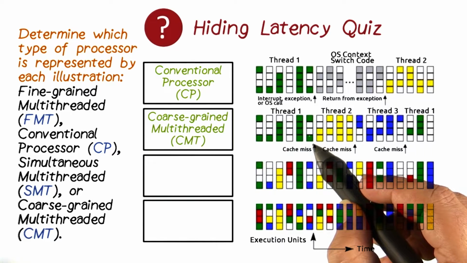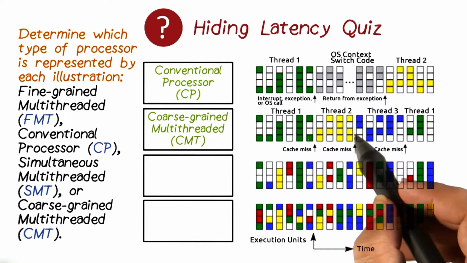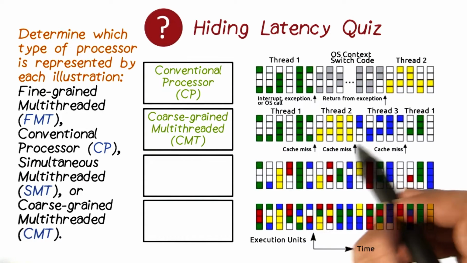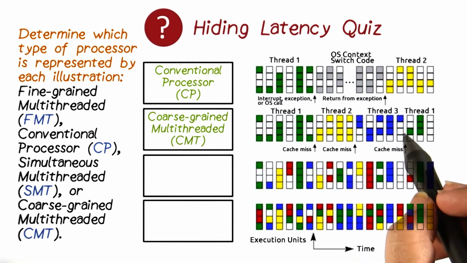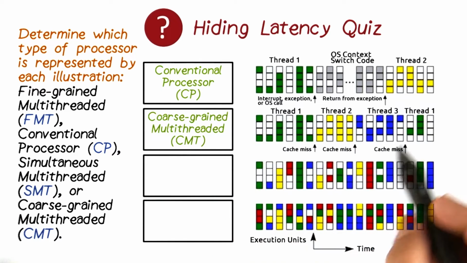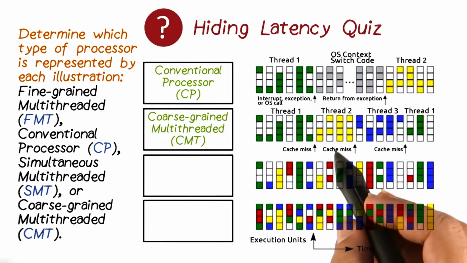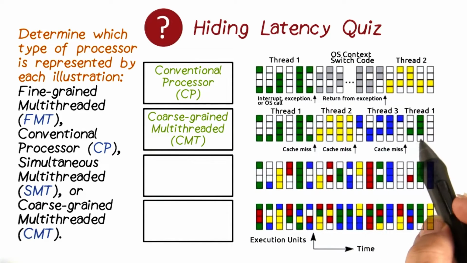So in other words, this is also a coarse-grained operation because the thread is executing for a particular amount of time, and then when a hardware event occurs here, the context is switched and a different thread is scheduled over here. So this is what happens in the CMTs, coarse-grained multi-threaded operations, and the schedules look like one thread executing for a few cycles, then another thread executing, then yet another thread executing, and so on.